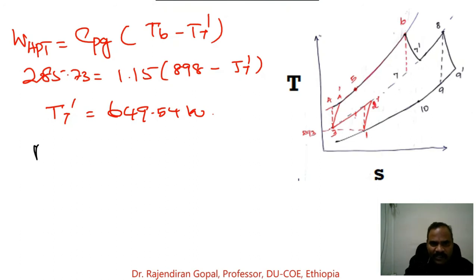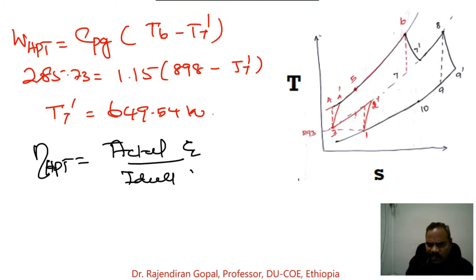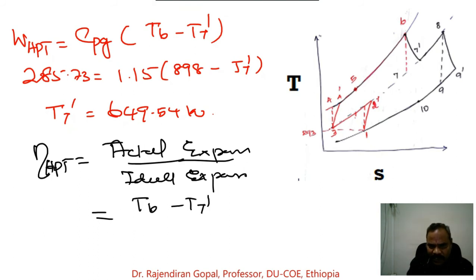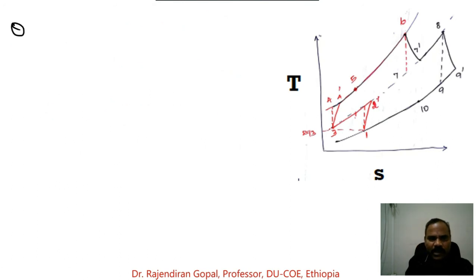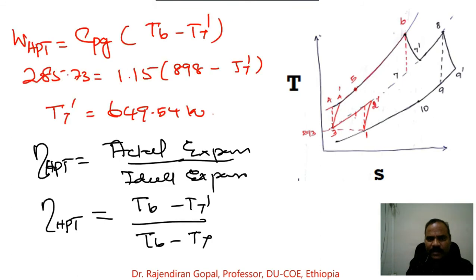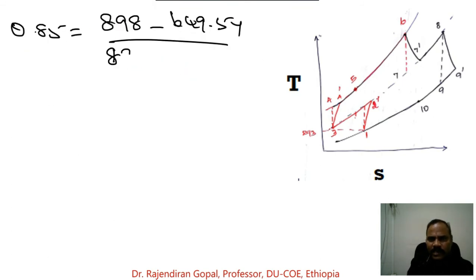Then we know that isentropic efficiency of high pressure turbine is equal to actual expansion over ideal expansion, that is equal to T6 minus T7 dash over T6 minus T7. So 0.85 is equal to (898 minus 649.54) over (898 minus T7).